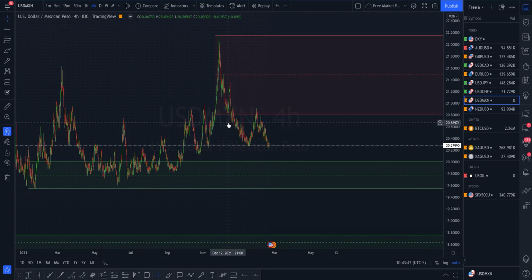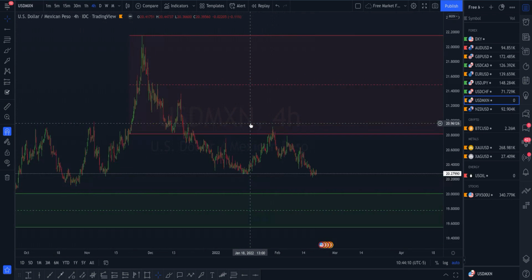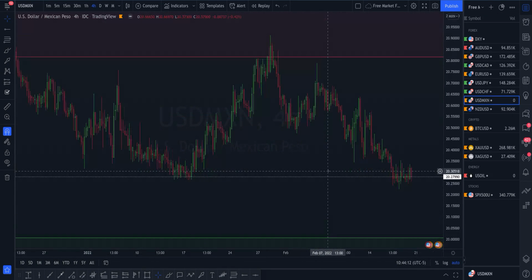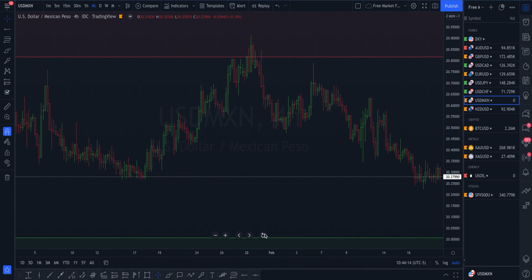We've had a low here, low here, low here. This high was taken out. We had a lower high, higher low, lower low. This may be our low, but that broke. So I'm going to be looking for sales initially on this pair, even though the institutional bias is consolidation.